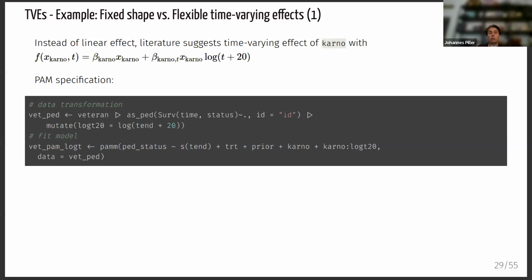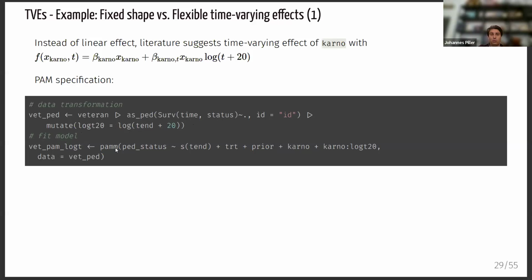And if we want to model it like that, first of all, as always, we need to produce this PED data set, so piecewise exponential data, with the as_ped function, and then we include this logarithmic delay time effect here as another variable.